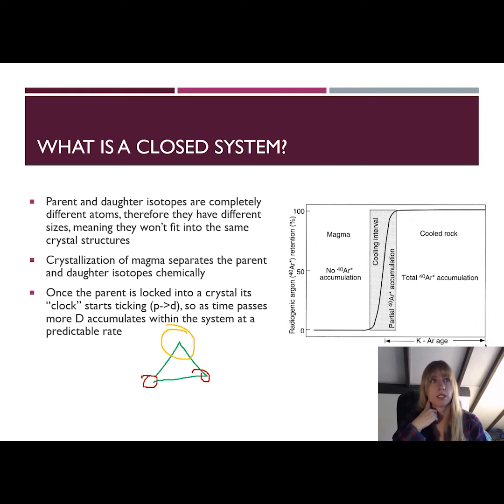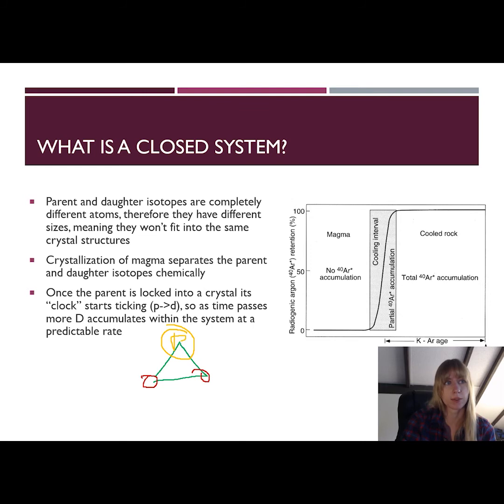So the crystallization of magma will essentially chemically differentiate parent and daughter isotopes. A parent mostly prefers to be in the crystal, and the daughter prefers to be in the remaining magma. Daughters tend to be what we call not compatible with a mineral, mostly because it doesn't fit in the socket it's supposed to go into.